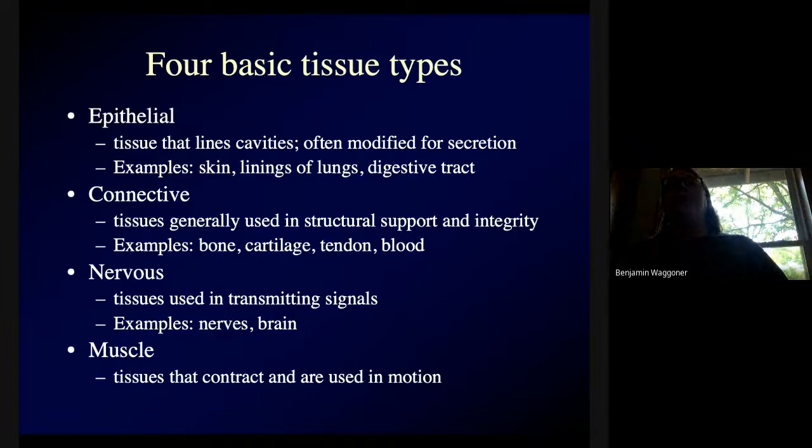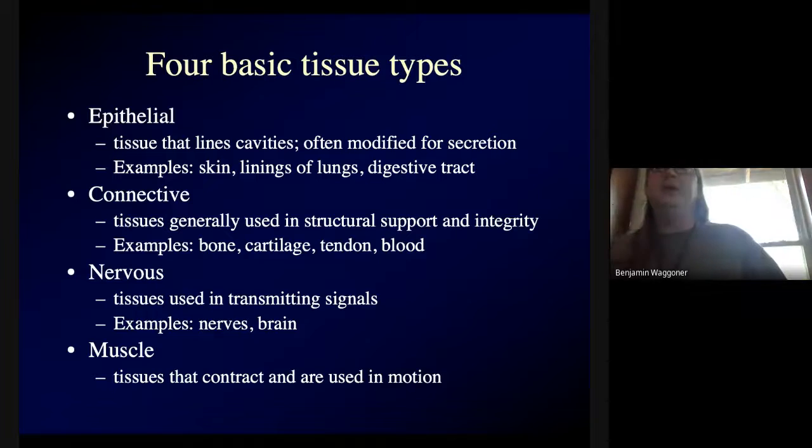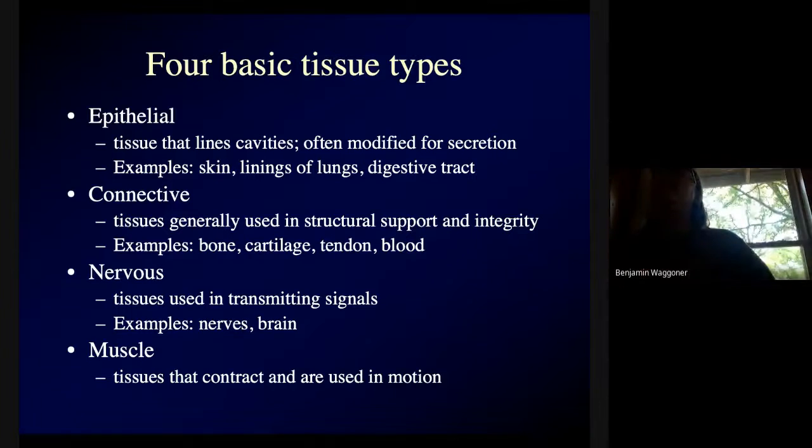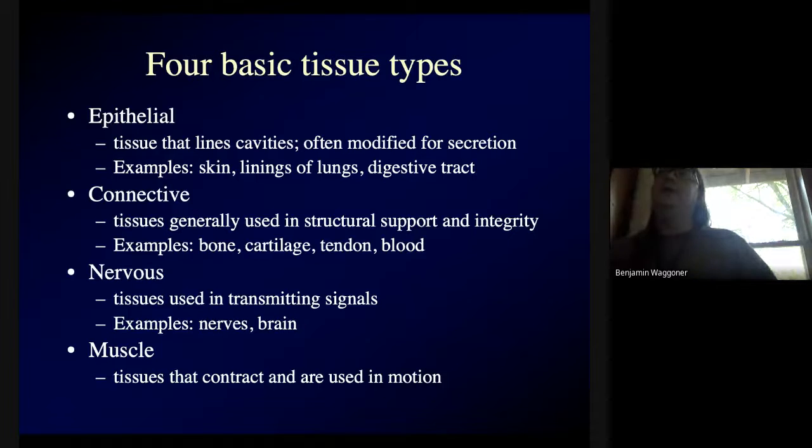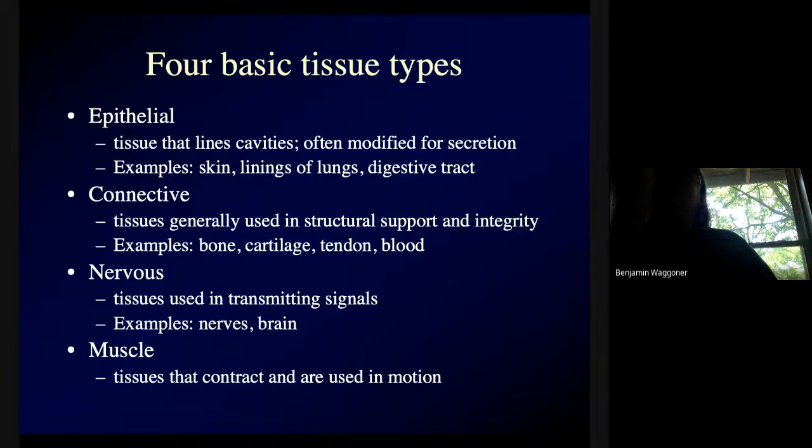So anything that lines cavities or lines a place where you're exposed to the outside would be epithelial tissue. Your sweat glands and your sebum glands, the glands that make the oil that covers your skin and hair, that's epithelial tissue.